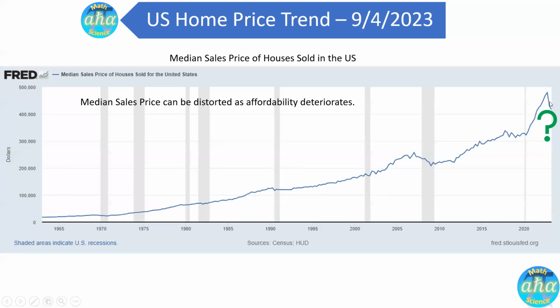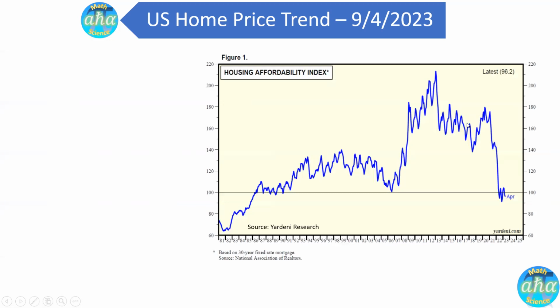So that can be distorted, but nevertheless, this provides a very good piece of data. Again, we can see the general uptrend. Affordability is really the issue, as not only the housing price goes up, but also the interest rate is going up. Shown here is the Housing Affordability Index from the National Association of Realtors.